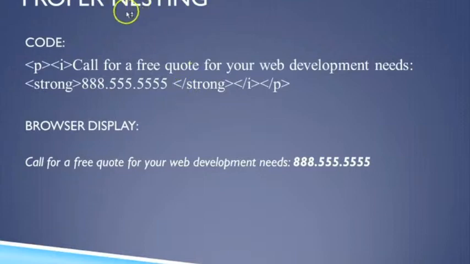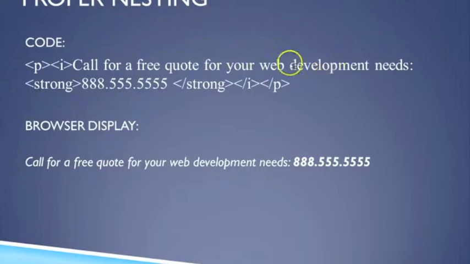Now you can nest all the HTML tags. And this is proper nesting. So notice I have a paragraph tag. I have italics. So that means everything between this paragraph here and this closed paragraph is treated as one particular paragraph. Here I have an italics tag, so I have I, and then a /I over here closes it.